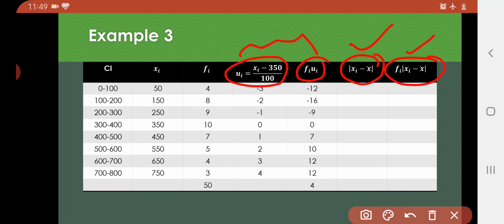Now you may say that you have a calculator, so it really doesn't make any difference, but I'll tell you that it makes a lot of difference. Why? Because even when you are using the calculator, you have to type more in the calculator. You have to spend a lot of time with that calculator for inserting these big values. But if you just scale it down using this step deviation method, you are working with -3, -2, 1, 0.